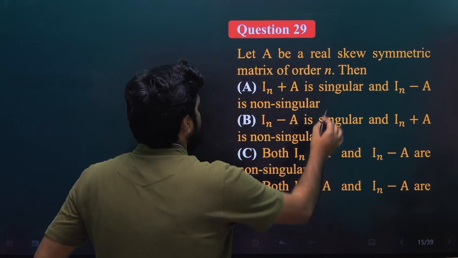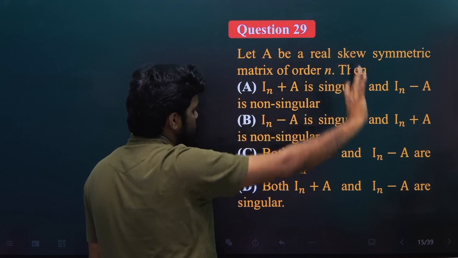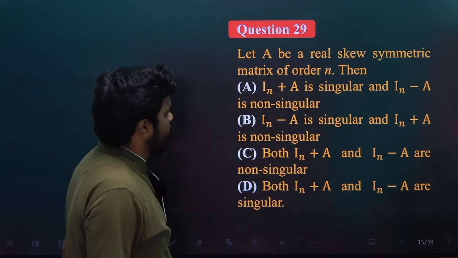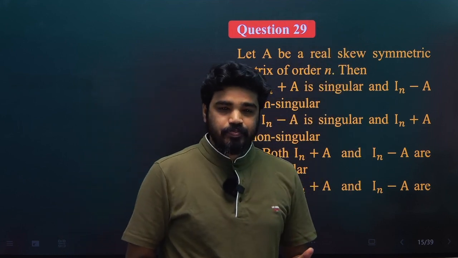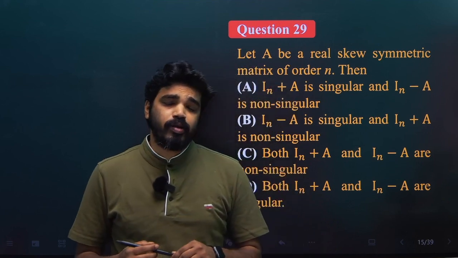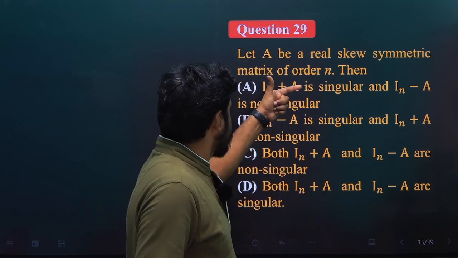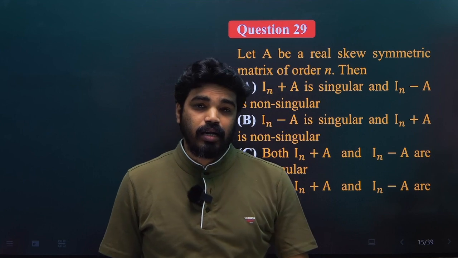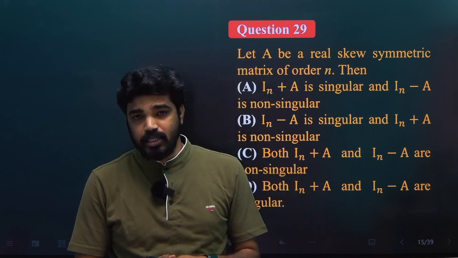Let A be a real skew symmetric matrix of order n. Then we know that the eigenvalues of a real skew symmetric matrix are either 0 or purely imaginary, right?